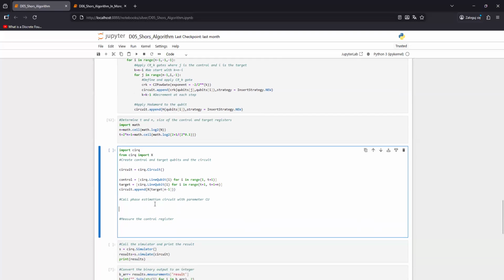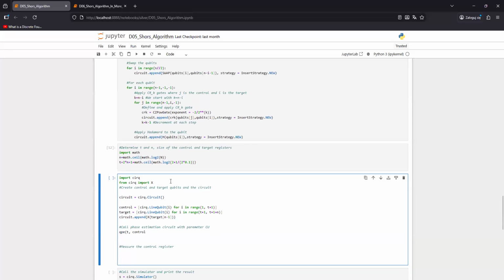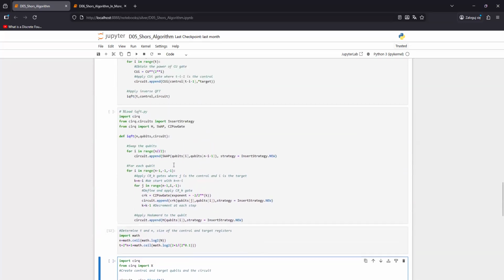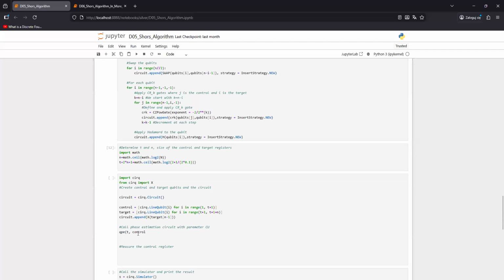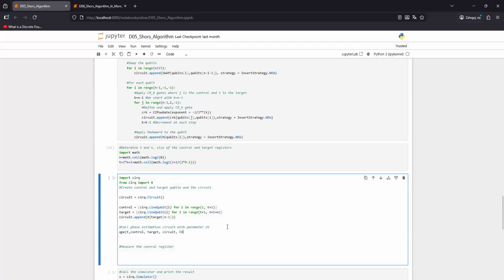Okay, so now we can call the quantum phase estimation. So here we have p, control, and I believe we also have t, control, target, circuit, and our operator. I will just copy and paste it. And at the very end, we need to measure it.